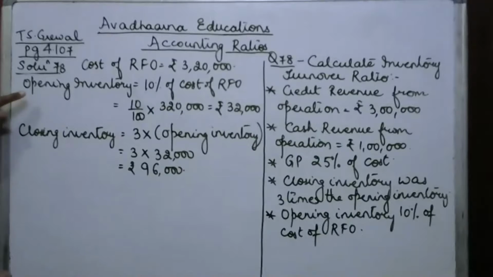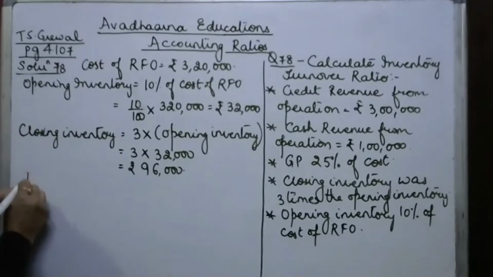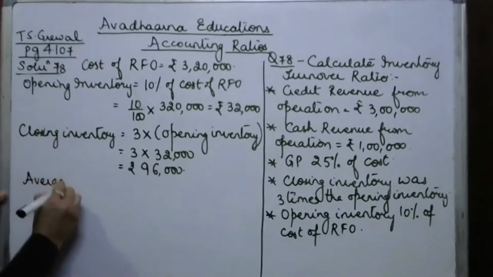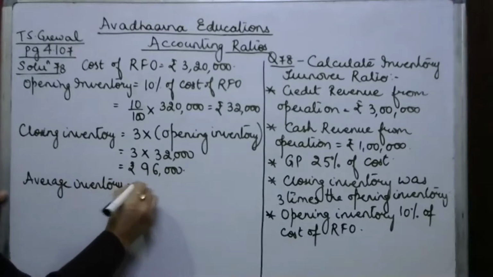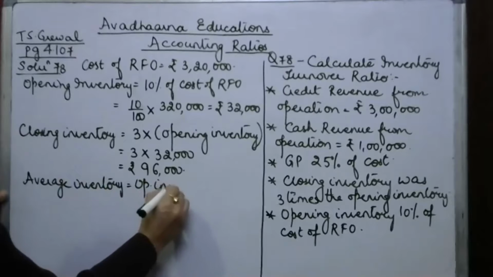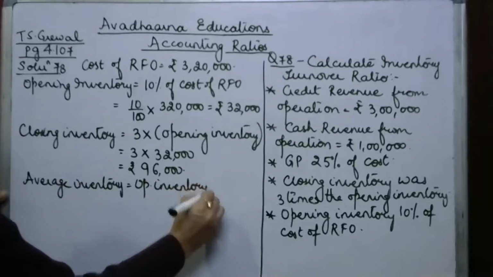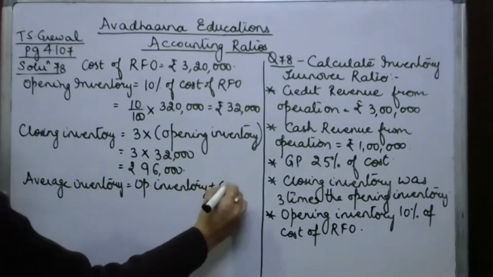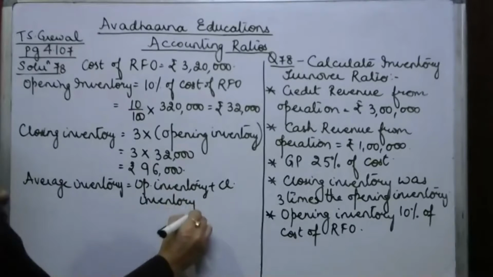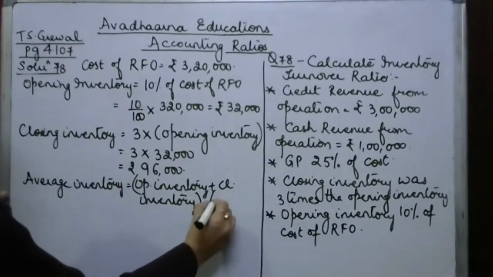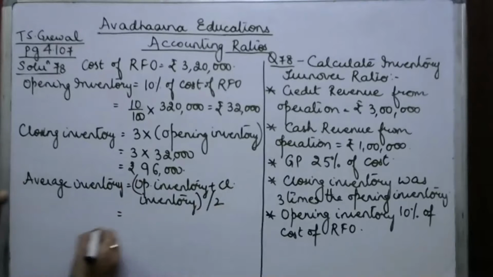Now beta, we have opening inventory and we also have closing inventory. By using these two pieces of information, we can calculate average inventory. And average inventory is nothing but opening inventory plus closing inventory, the whole divided by 2. Let's substitute the values.